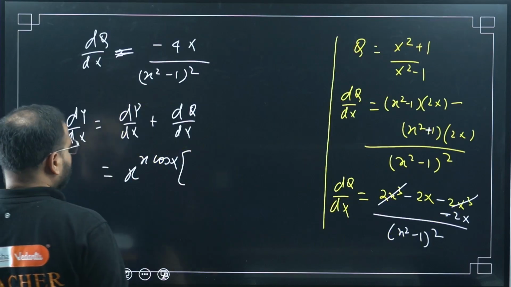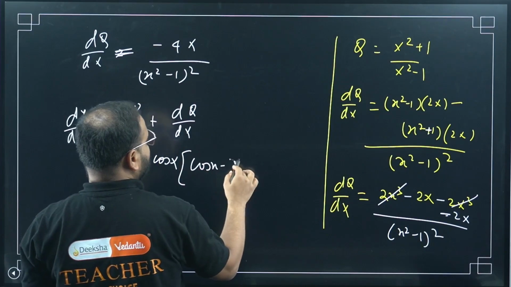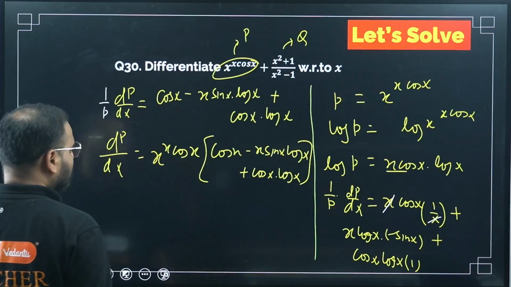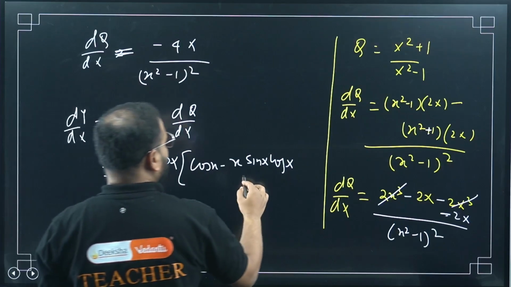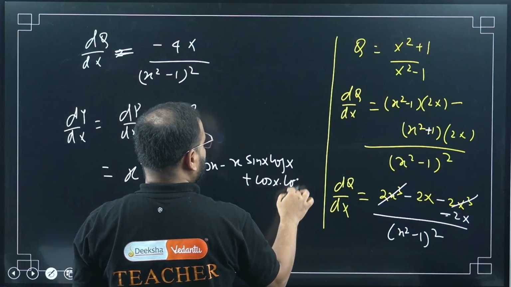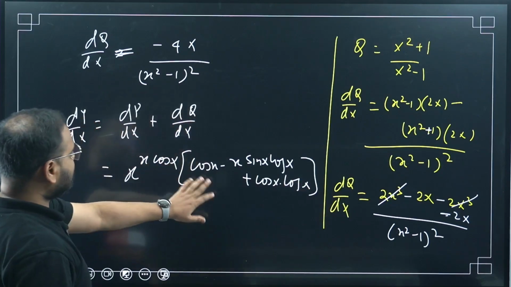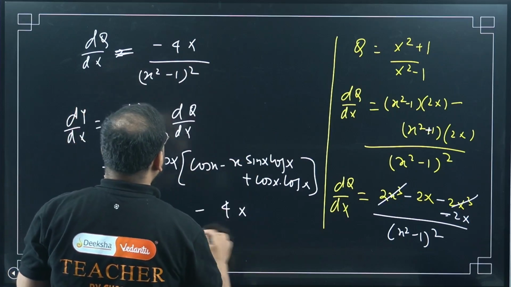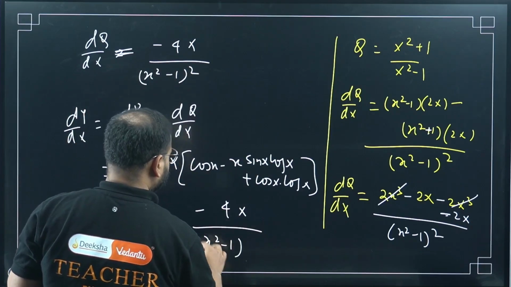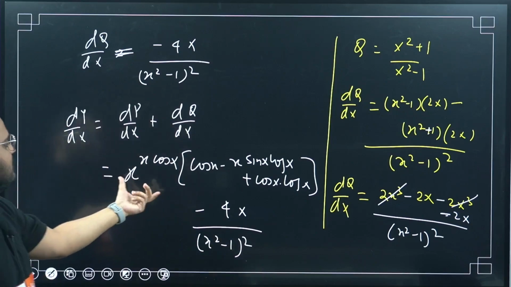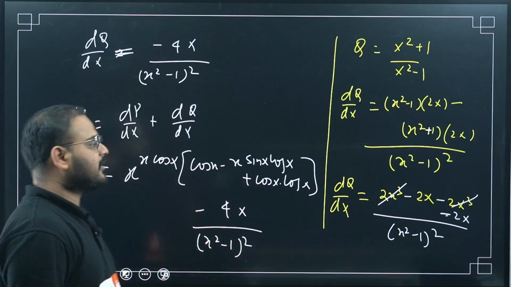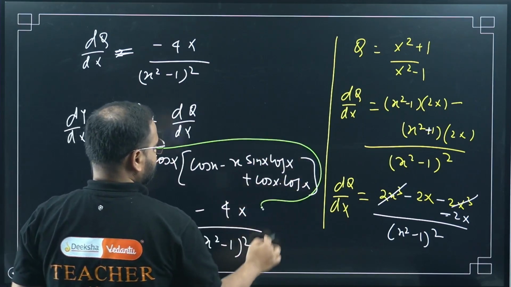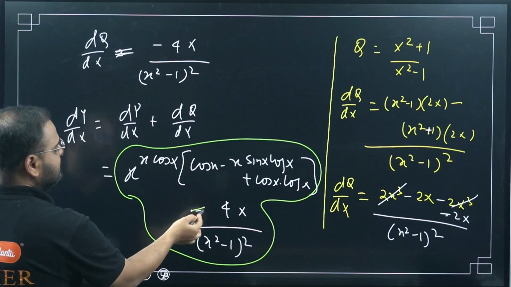Cos x minus x sin x log x, okay. One more term is there, plus cos x log x, and this is only for this part. For this part I have to write this term, so minus 4x upon x square minus 1 the whole square. So this is my final answer. This statement minus this statement. This whole thing is together. Okay, minus sign is there.